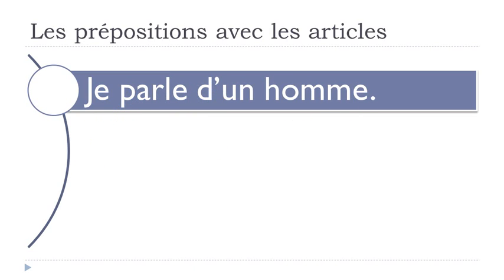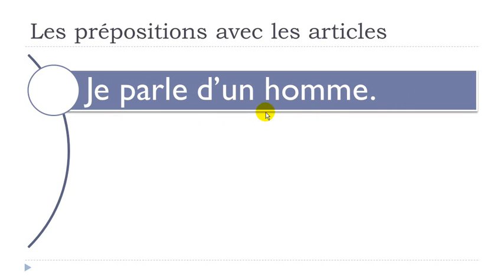So here, je parle d'un homme. Normally we should have de un homme, but as you know, we've been seeing that quite often now. It's not a new thing. Remember that the e will disappear, and then you will put this little apostrophe, d'un homme. Okay, je parle d'un homme.